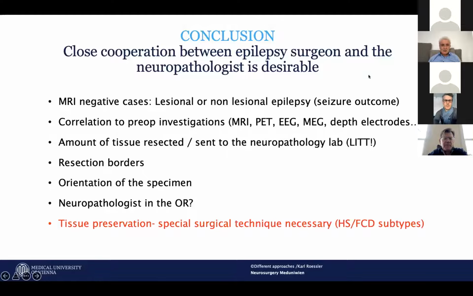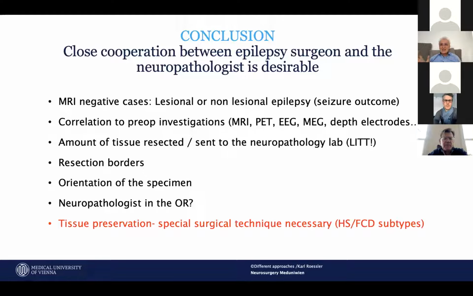And as a conclusion, I think we have to have a close cooperation with the neuropathologist. I think I have shown that, and Ingmar will also show that in the upcoming presentation. But I think MRI negative cases and correlation with preoperative images and amount of tissue resected, resection borders, and so on.